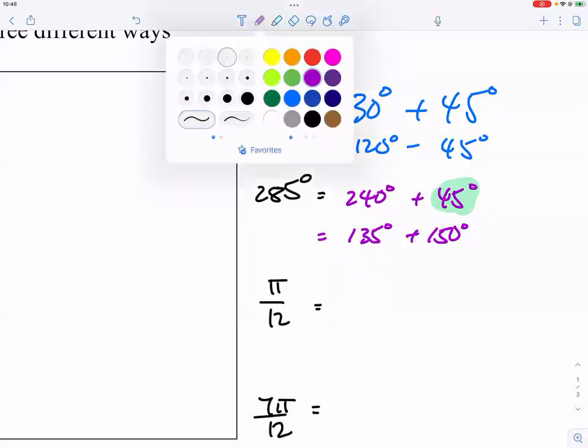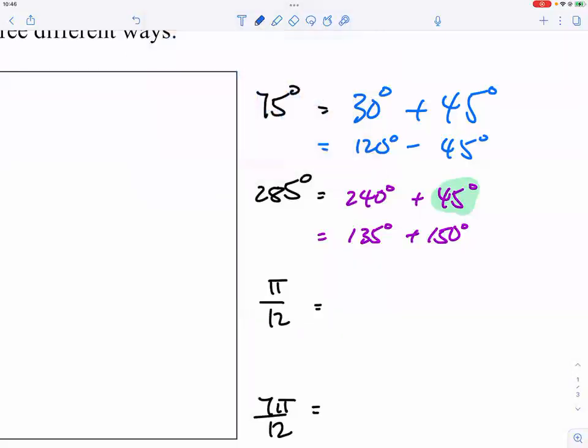For pi over 12, that's pretty straightforward. You can think about this as 4 pi minus 3 pi all over 12. Or you can also think about this as 3 pi over 12 minus 2 pi over 12. And you can reduce them.